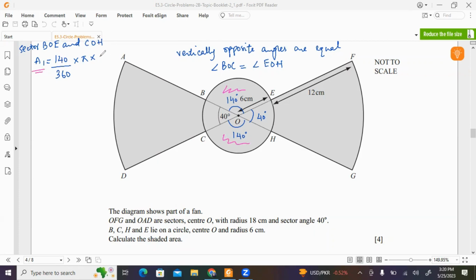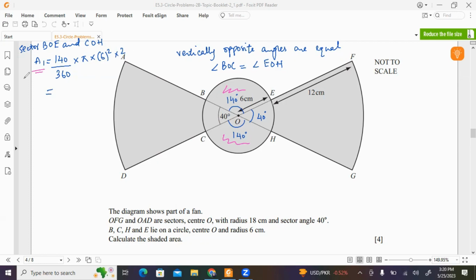So pi times 6 squared and then times 2. The reason why we're multiplying this by 2 is because we're trying to find the area of the sectors BOE and COH. Both are identical, so if we find the area of one sector, we can just multiply it by 2 to get the area of both sectors.